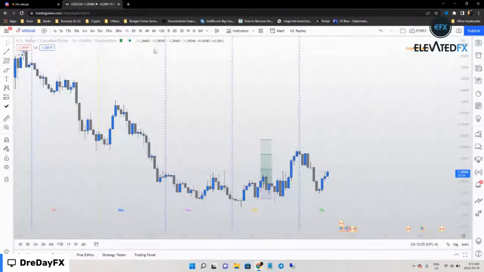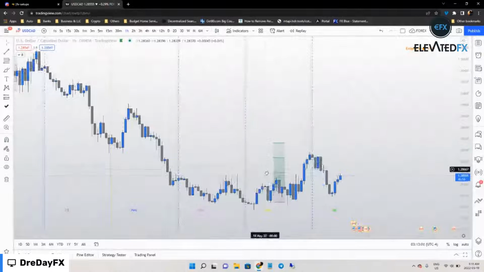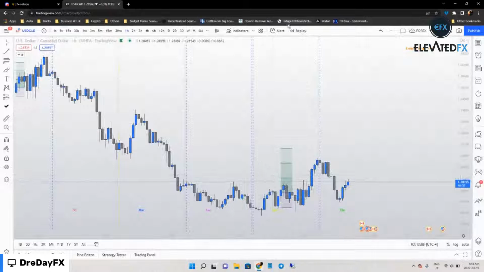So we're going to start with USDCAD, and that is this signal here. If it's the first time that you're seeing this, I'll explain to you exactly how the Enigma AI works with a bar replay.